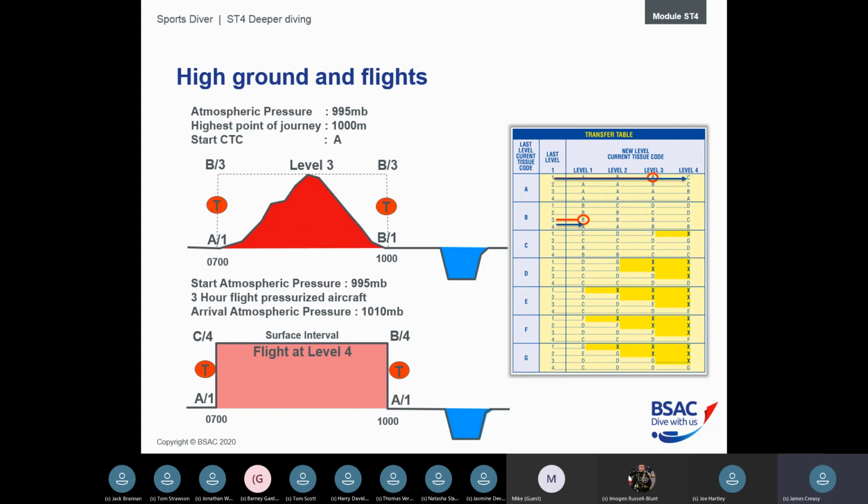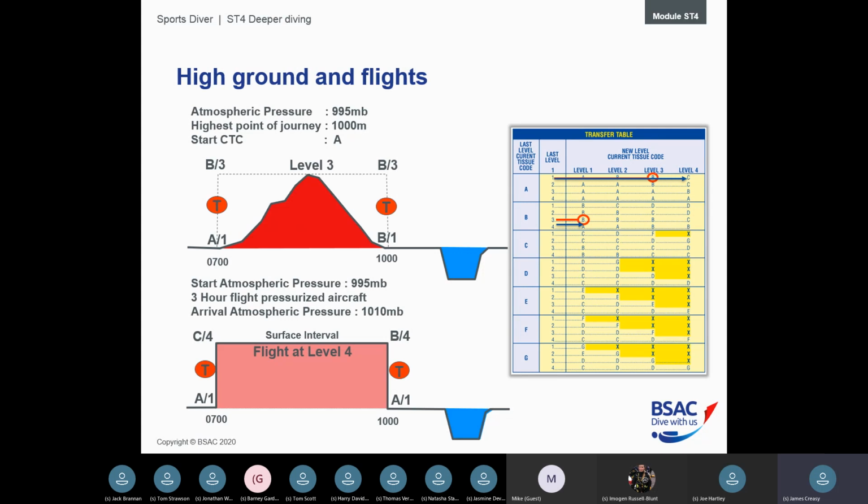So tissue code B, last level 4. If we're now descending down to sea level, where the atmospheric pressure is 1010 millibar, sorry, that is a level 1 zone. So we go across to level 1 where the blue arrow is, and our tissue code on the level 1 tables is now an A. So it's what it was before.